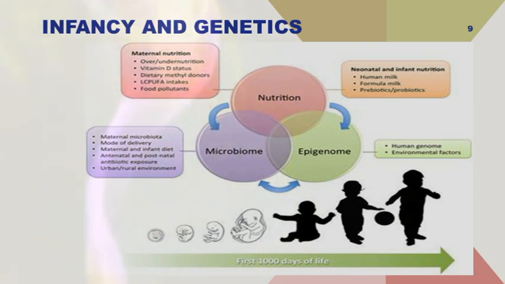So, if we look at twin and adoption studies, this has provided some compelling evidence for the heritability of cognitive traits, demonstrating the influence of genetic factors on intelligence and memory and attention and other cognitive processes.